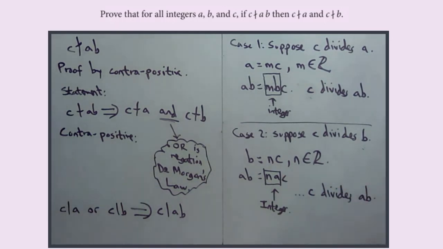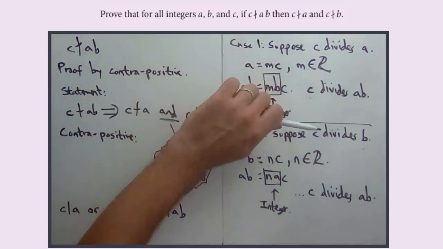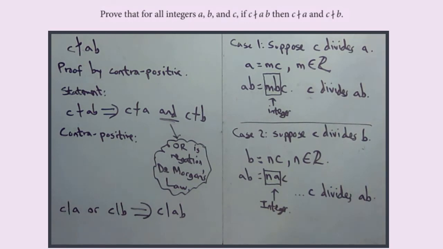Either way, in case 1 or case 2, it is shown that C divides AB. So if either of these things are true, then this is definitely true. So we have proven the contrapositive, hence the contrapositive is true. So our original statement is also true.